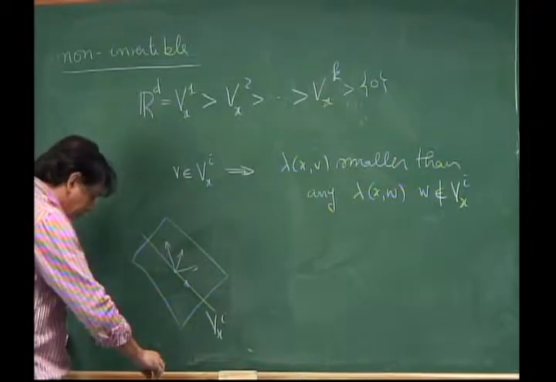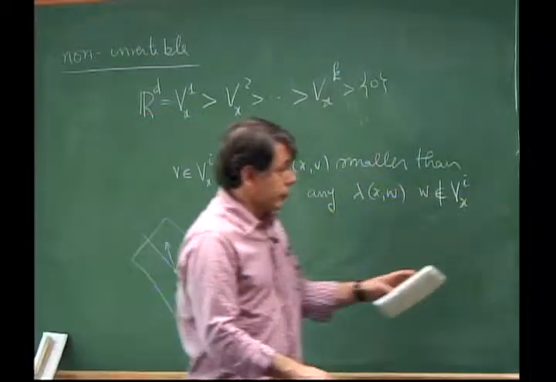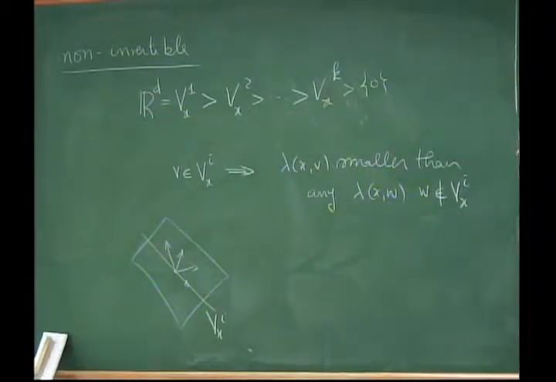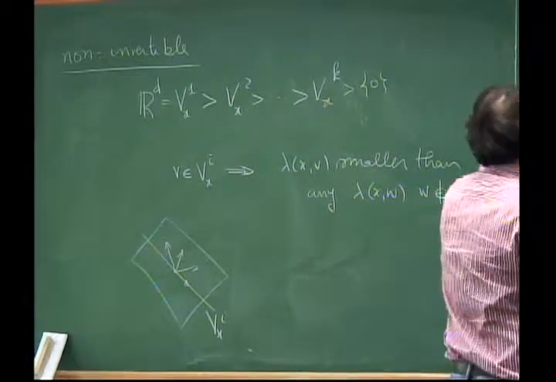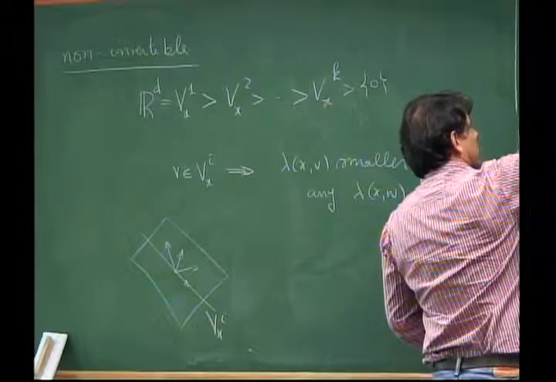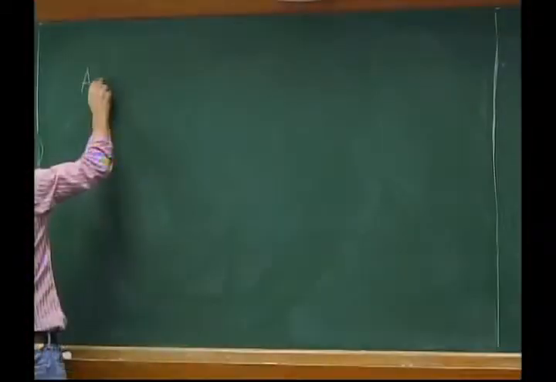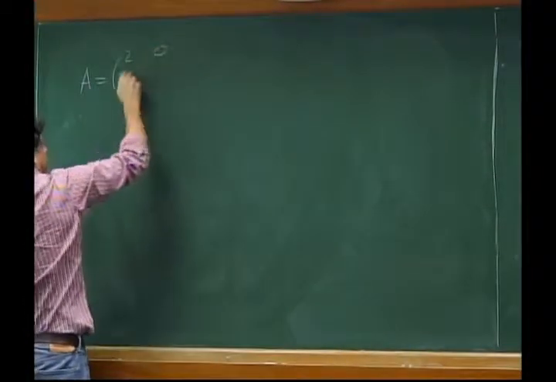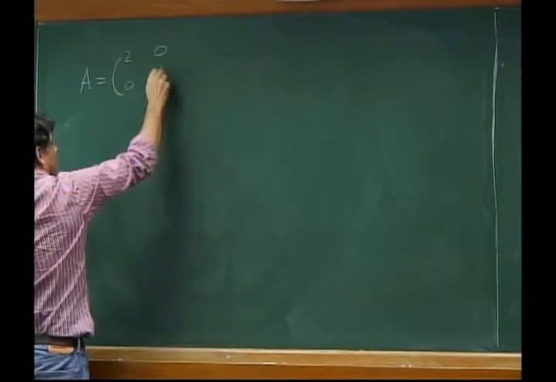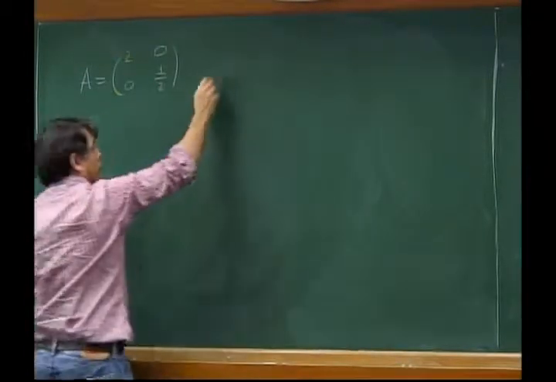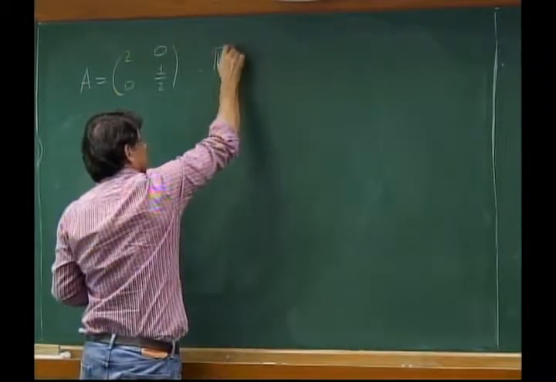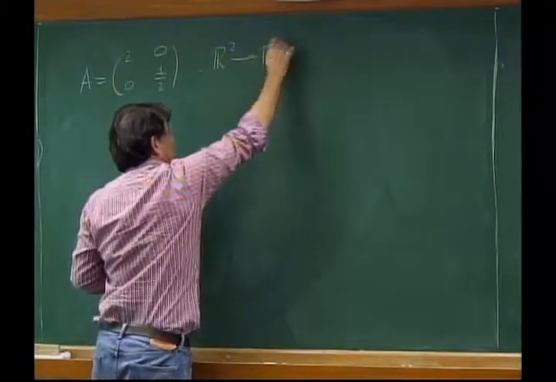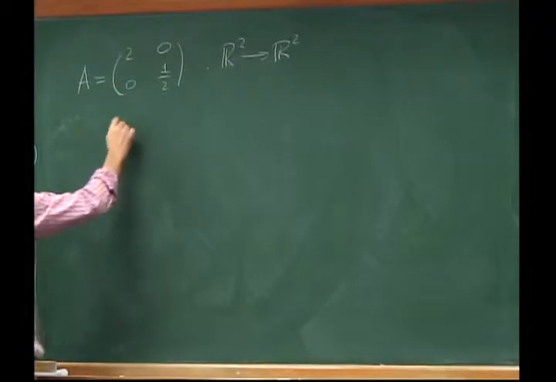And there's a very elementary situation where you can see this that helps understand a little bit of what is going on. Suppose you have a linear map like 2, 0, 0, 1 half acting on R2. This is the most elementary example where you get this kind of situation.